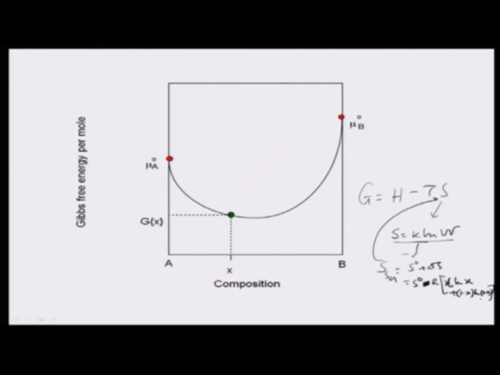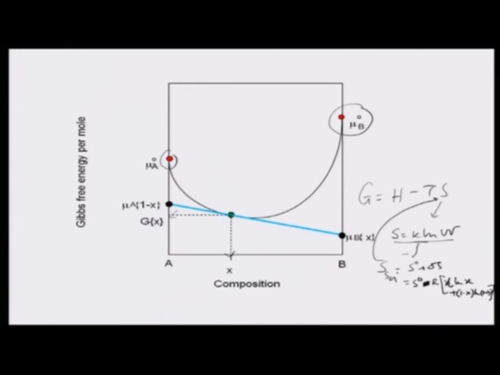Now G at any composition is given by this, where x is easily obtainable, and here mu A0 and mu B0 are the free energies of the pure components: pure A will have a free energy of mu A0, pure B will have a free energy of mu B0. That is why these are called mu terms.